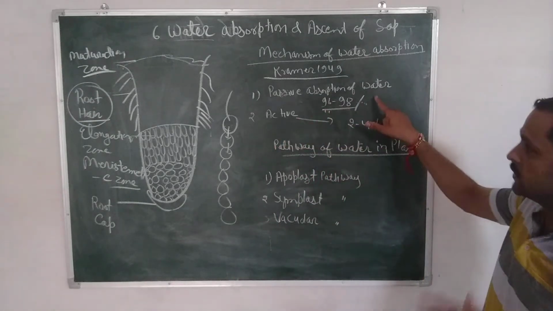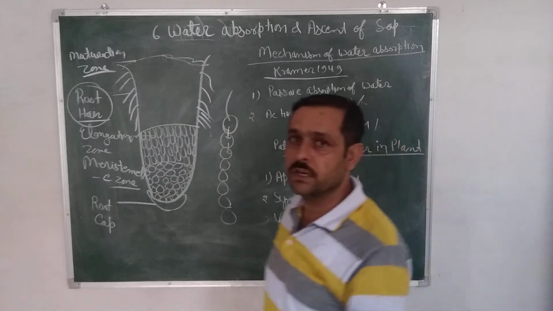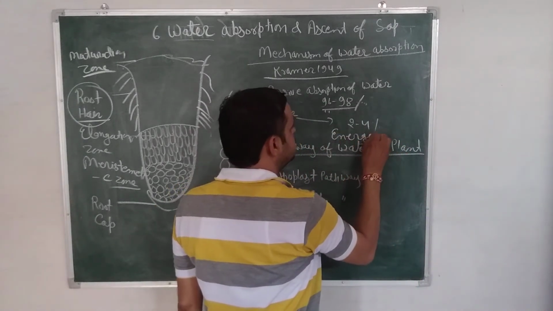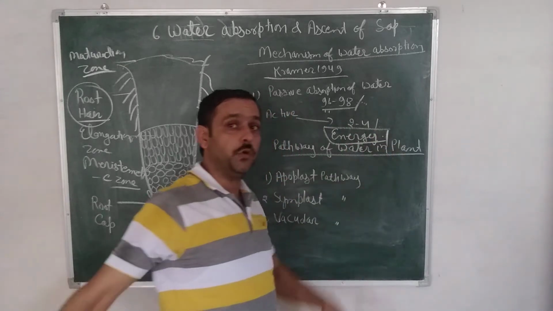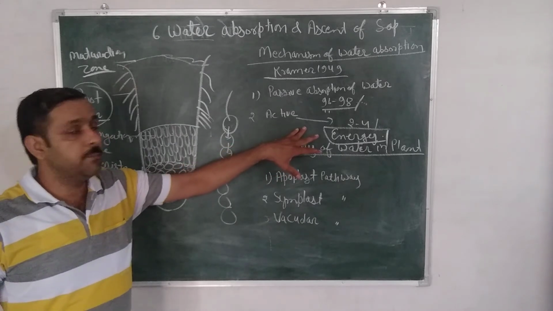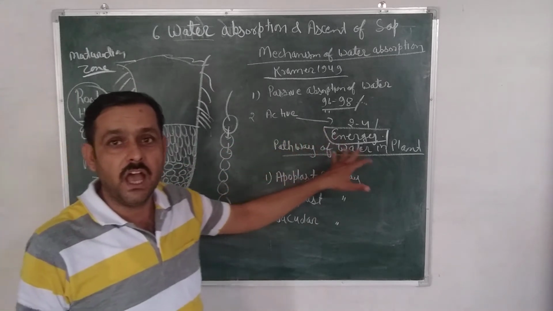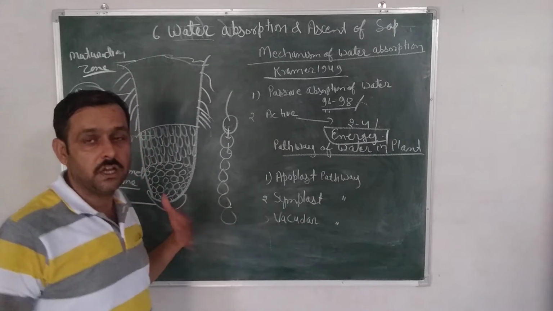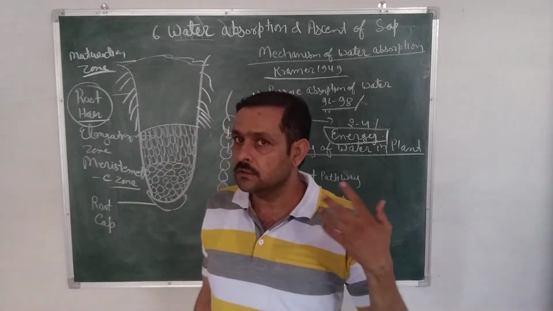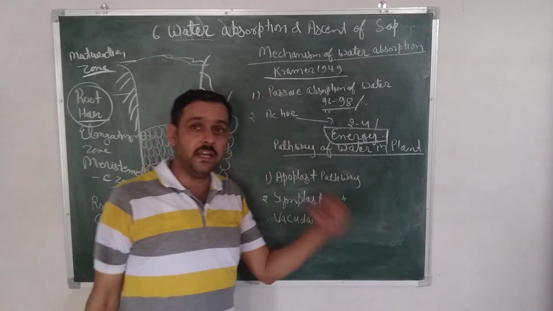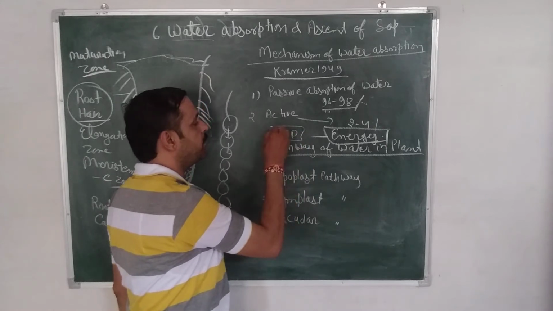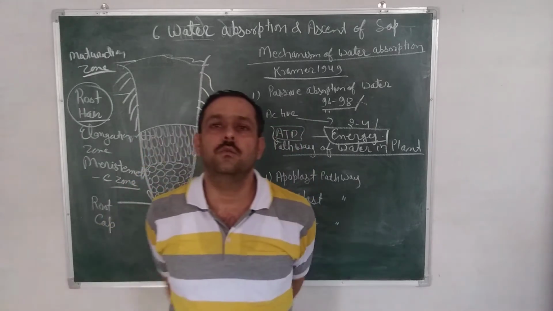Active absorption of water. Active absorption needs energy, and this absorption happens in the absence of transpiration. In the absence of transpiration means in the night, because plants do not transpire in the night, and they need energy, and as you know, energy in the form of ATP, adenosine triphosphate.